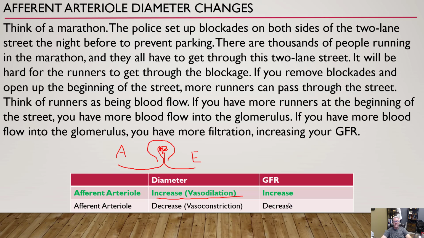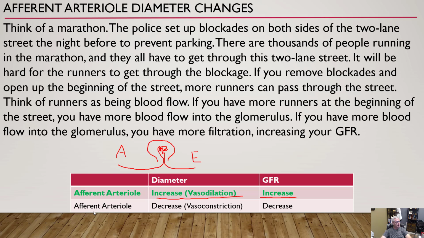Now, we're not changing our efferent arteriole right now. We're only talking about our afferent arteriole. So if all we're doing is vasodilating our afferent arteriole, we're going to increase our filtration rate because we've allowed more blood to enter into the glomerulus.